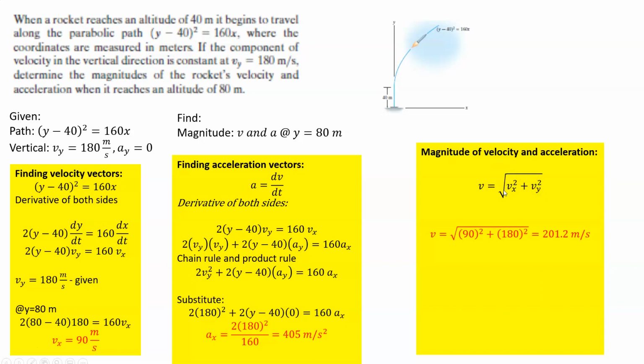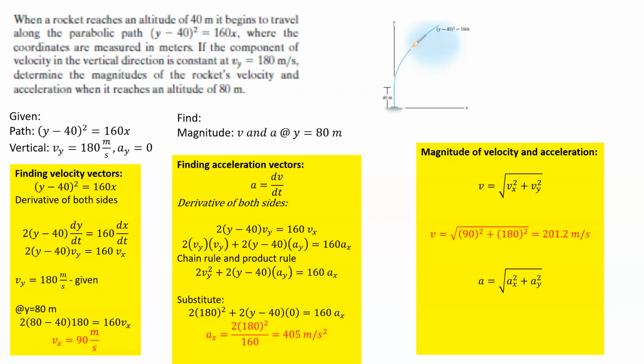With the constant velocity in the y and 90 in the x when you get to 80 meters, it comes out at 201.2 meters per second. So that's the magnitude, the direct velocity that would be on a speedometer or something tracking the velocity of that rocket.